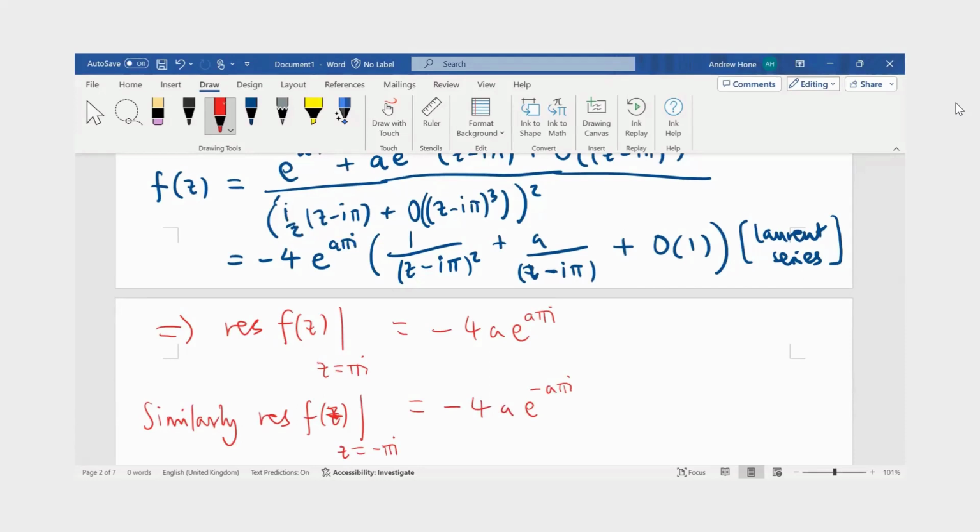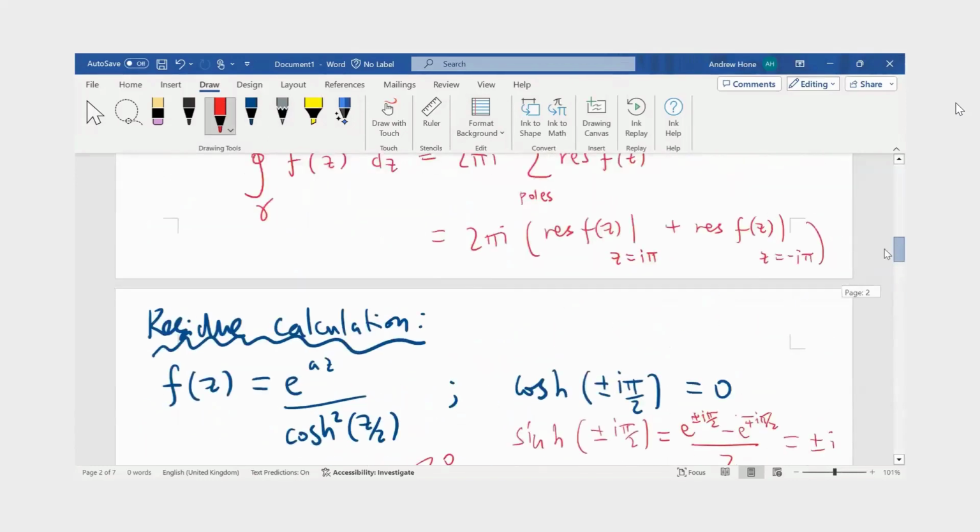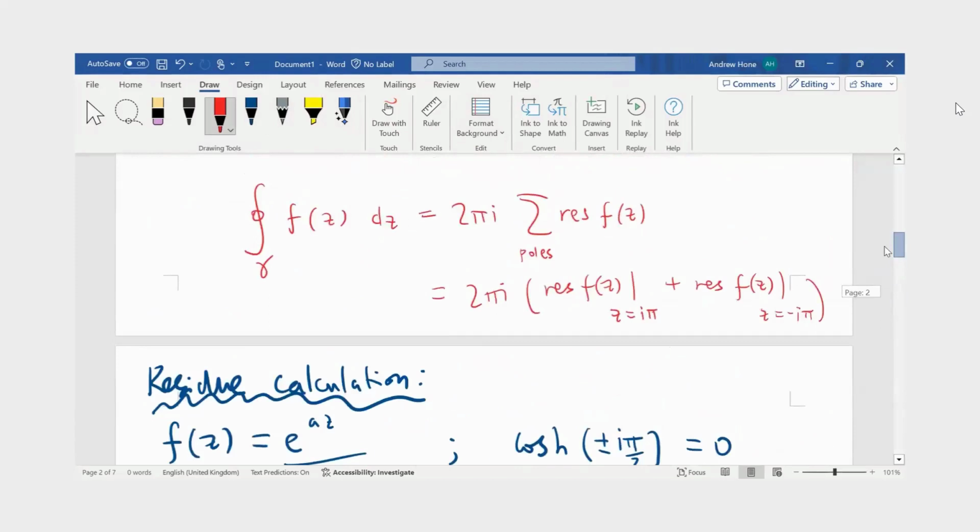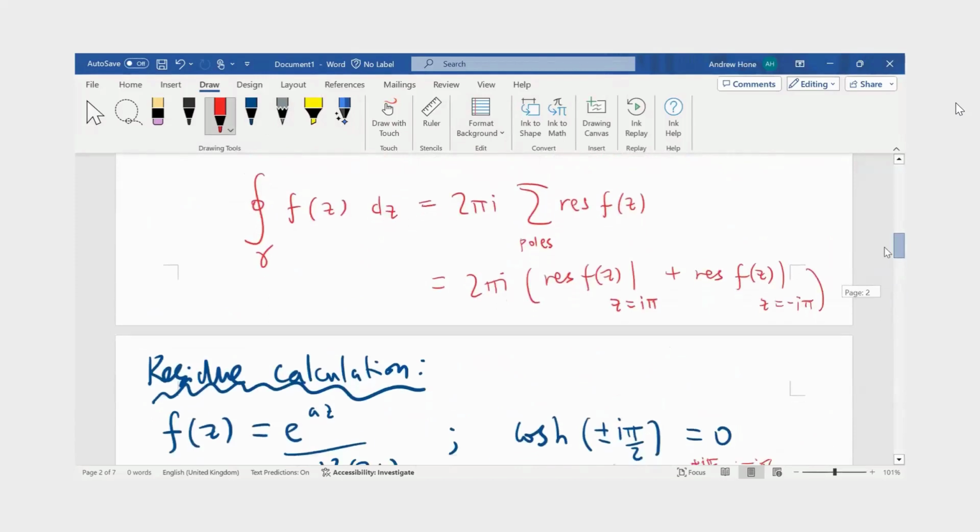So overall, now if we just go back to Cauchy's residue theorem, see what it tells us. Where did we come from? We want to take the sum of these two residues and then multiply by 2 pi i.